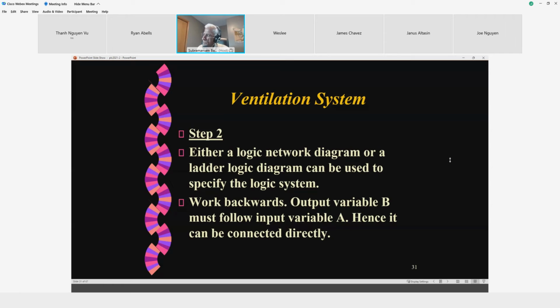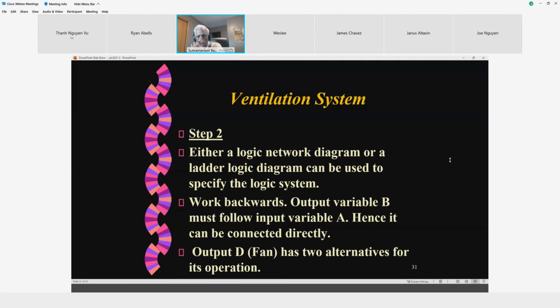So if I use a diagram, I can directly connect the two. Well, I will show you the next slide. Output D, the fan, is not like B, has two options. What are the two options?